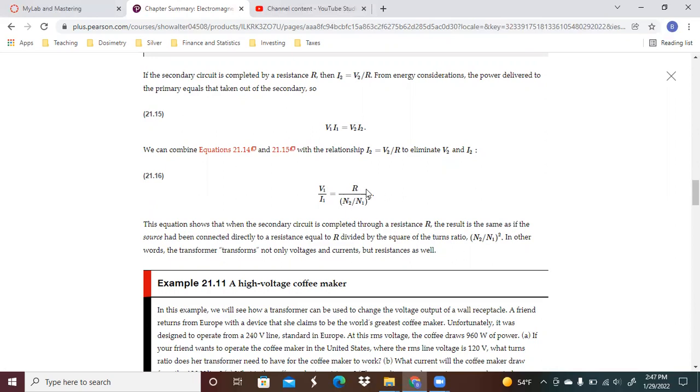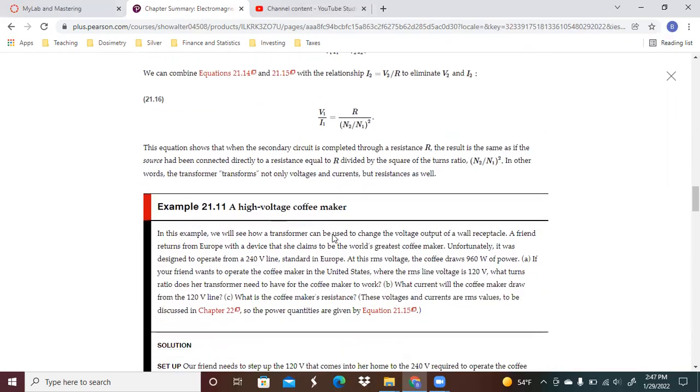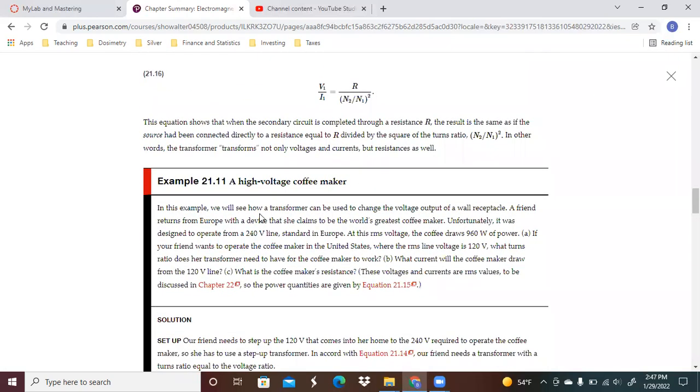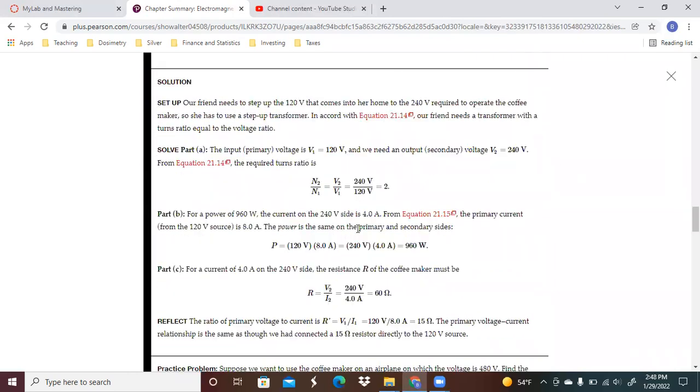And with that particular relationship, we can figure out how the turns of the coils are related. So this equation shows that when the secondary circuit is completed through a resistance R, the result is the same as if the source had been connected directly to a resistance equal to R divided by the square of the turns ratio. It transforms not only voltages and currents, but resistance as well.